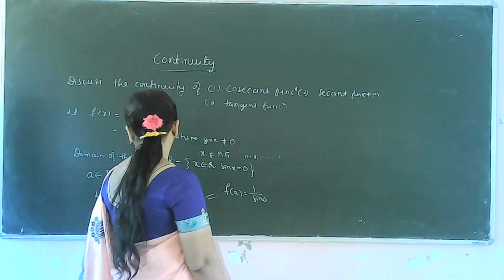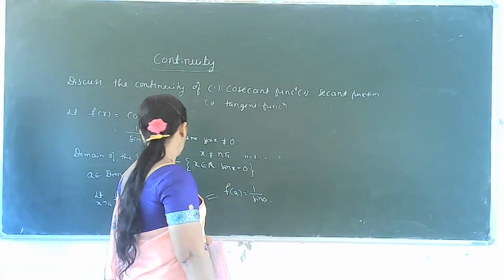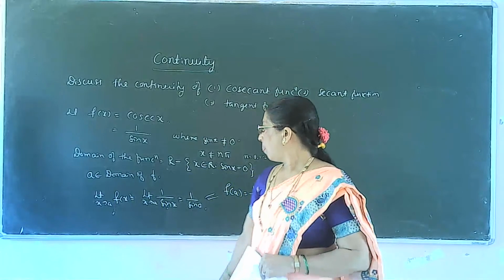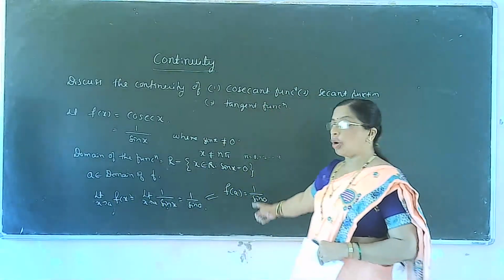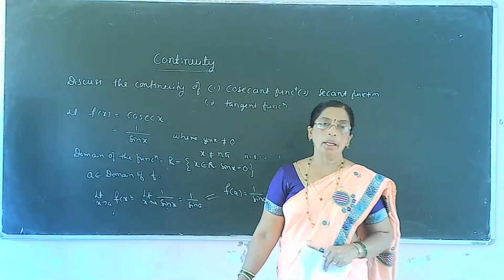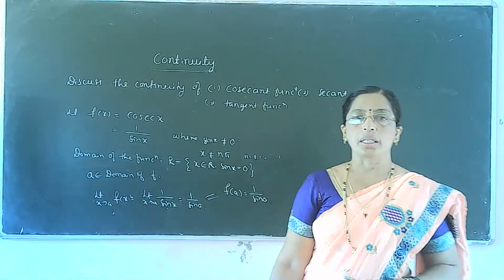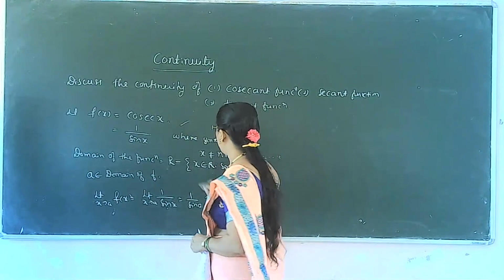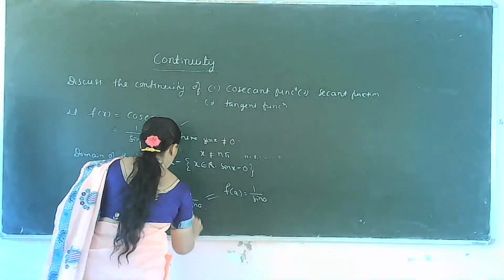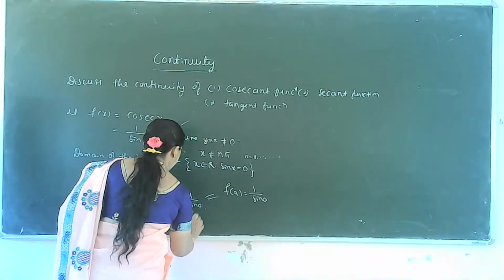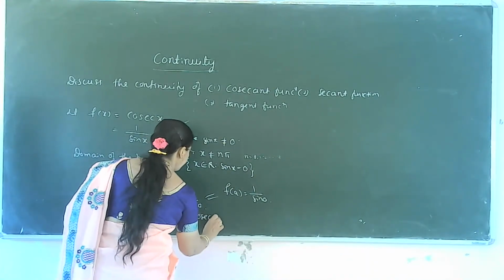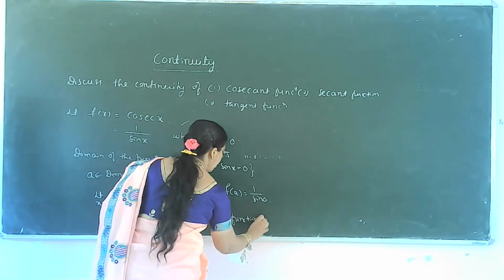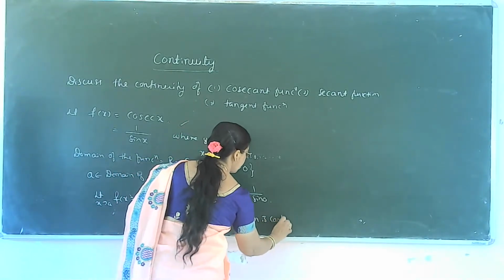The limit of the function is equal to the value of the function at a. Therefore, the function is continuous. Therefore, cosecant functions are continuous.